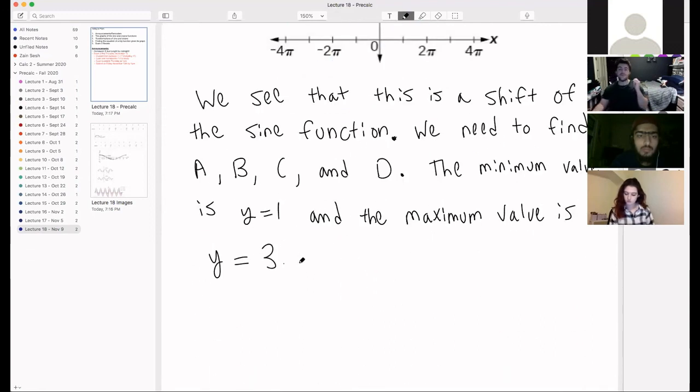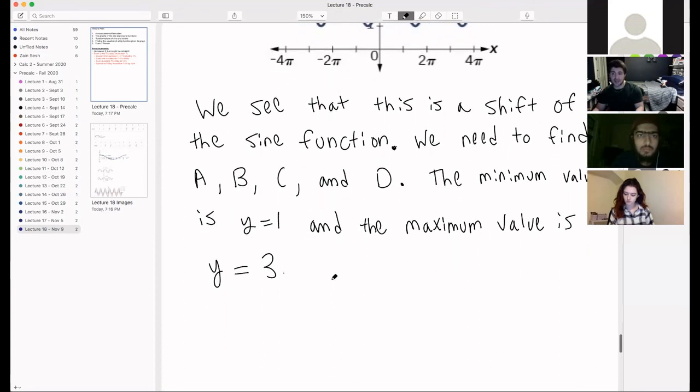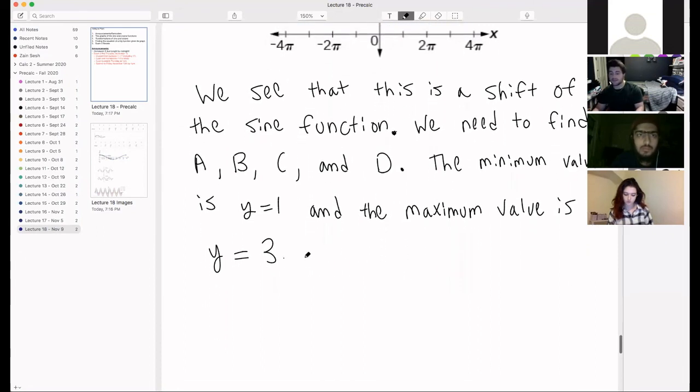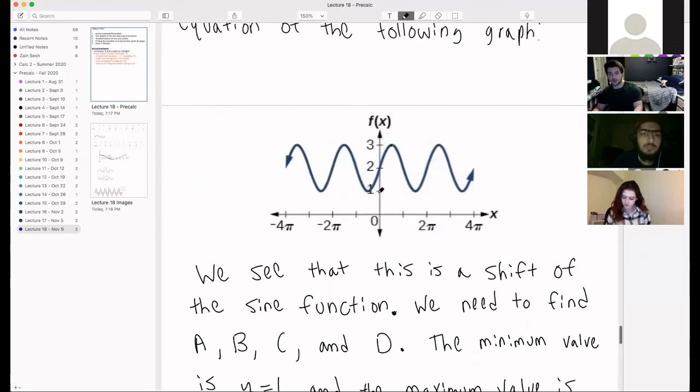So the midline is going to sit exactly halfway between the minimum and maximum value, okay? So what's that going to be? Well, halfway between 1 and 3 is 2. So that's going to be the midline. That's going to be D. So here's the midline right here.